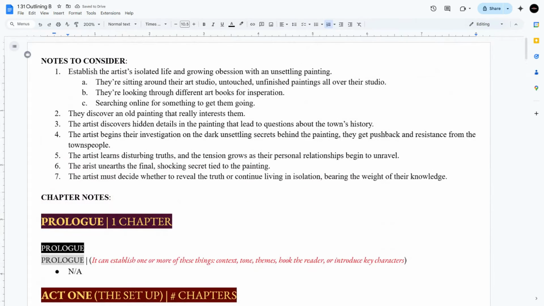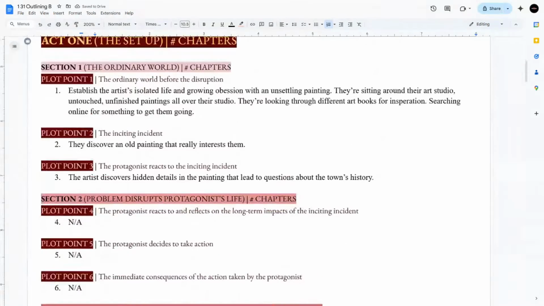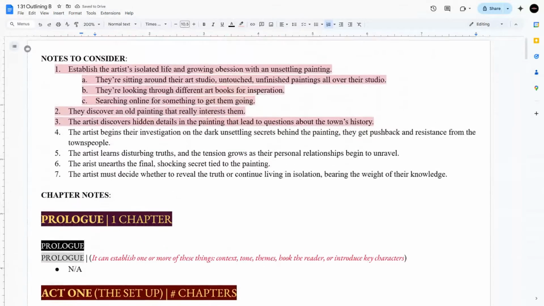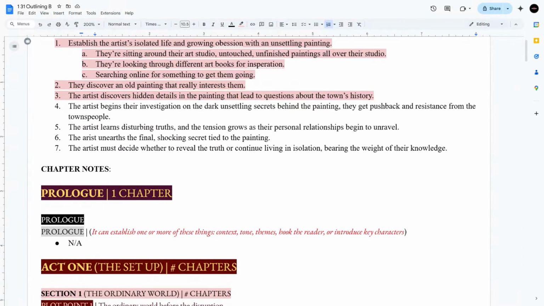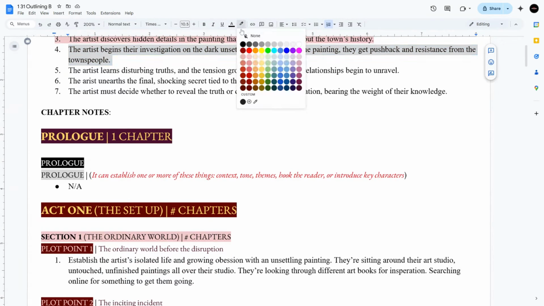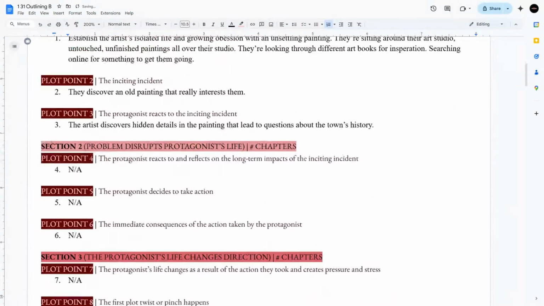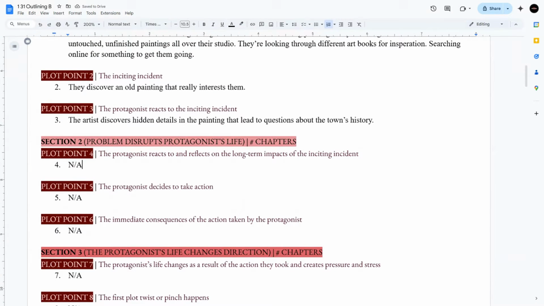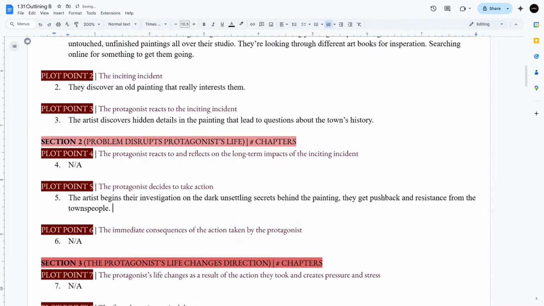And then I did this, and this. The artist discovers. Wait, 1, 2, 3. Yeah. Now, this investigation. This would be this.